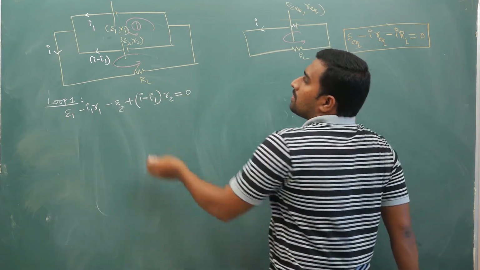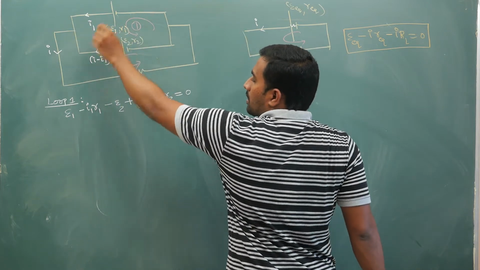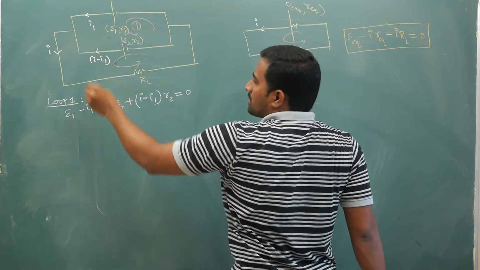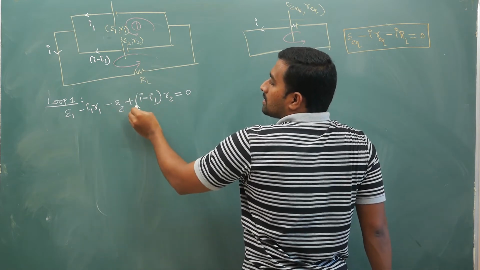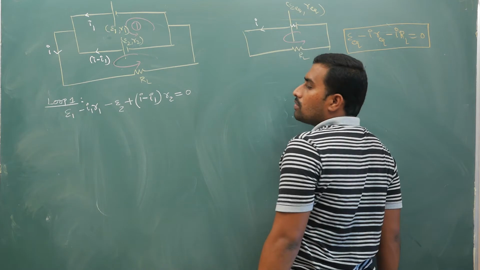Your Kirchhoff's law is along this way. So plus E1 minus I1 R1 minus E2 plus (I minus I1) into R2 is equal to 0.